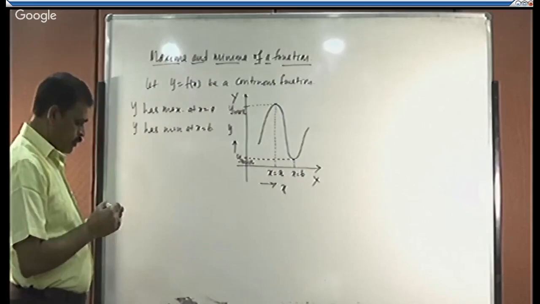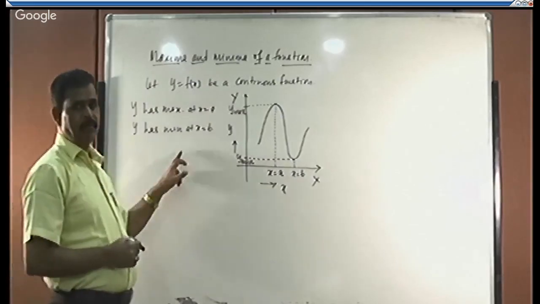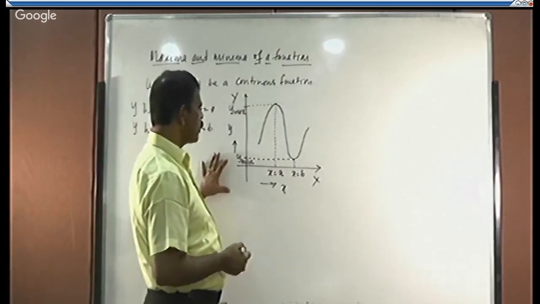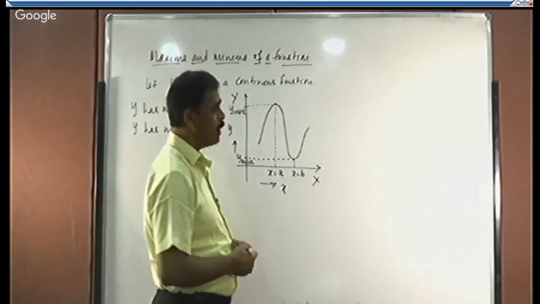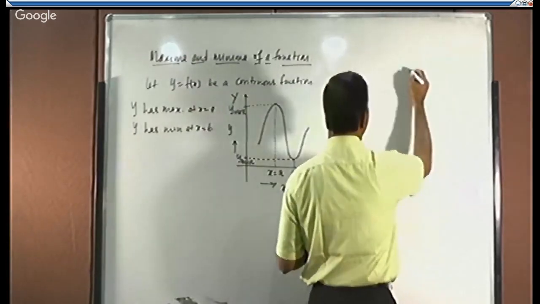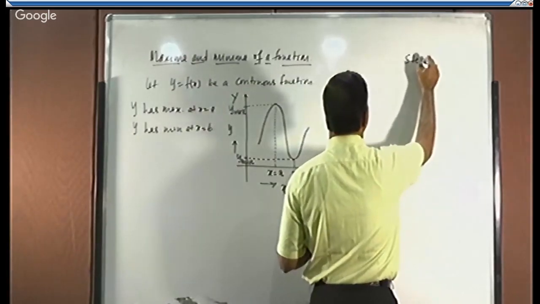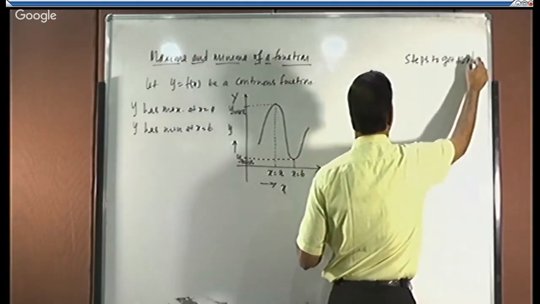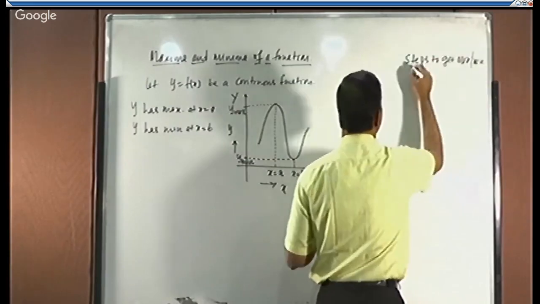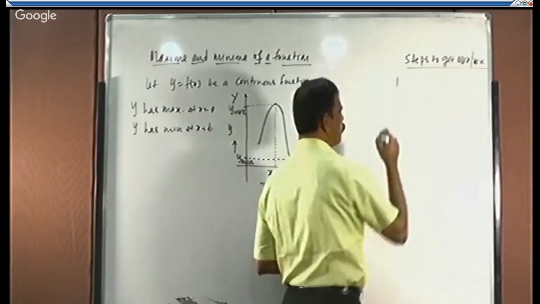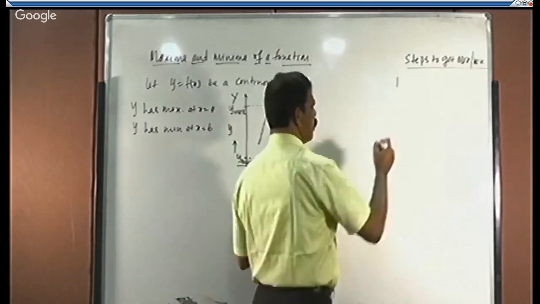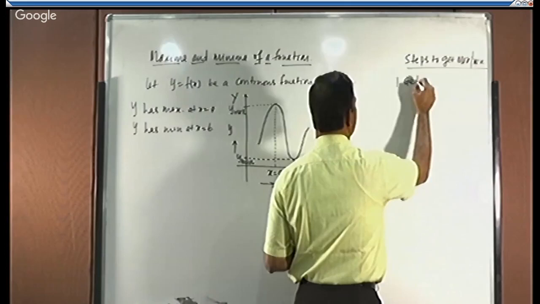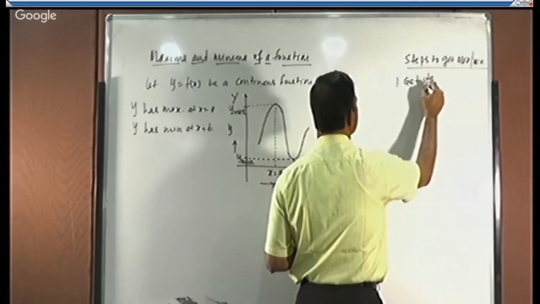To get maxima and minima of a function, we should follow a certain procedure. These are the steps we have to follow to get maxima or minima. First step: for a given function y, differentiate, get dy by dx.